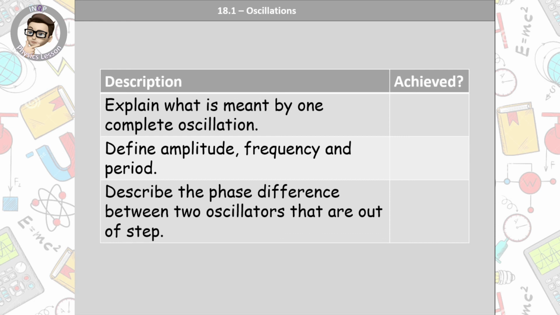So we've managed to calculate those phase differences. We can calculate them now, we can describe them. We know what amplitude, frequency and period are, and we know what one complete oscillation is. It's from maximum amplitude through equilibrium to negative maximum amplitude, back through equilibrium to maximum amplitude in the positive direction.